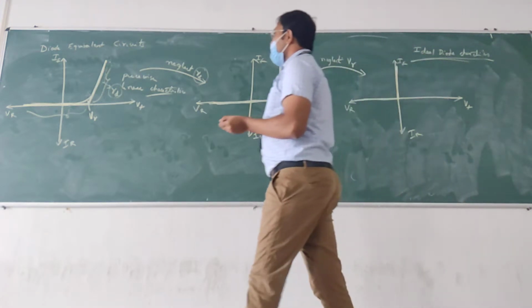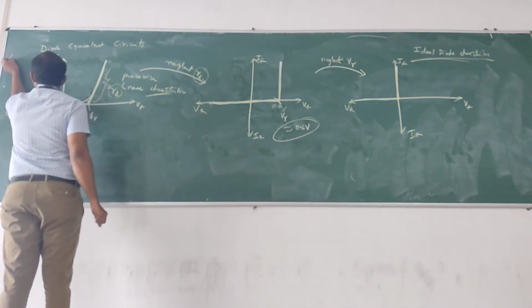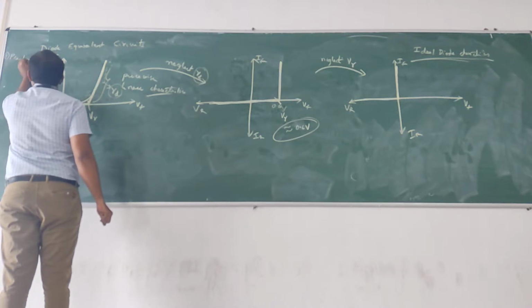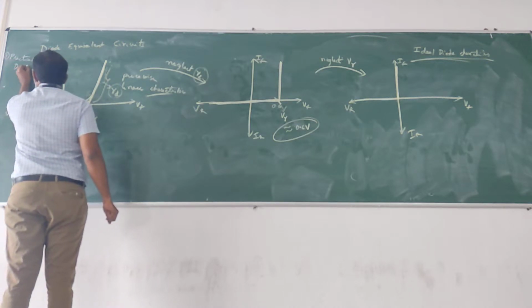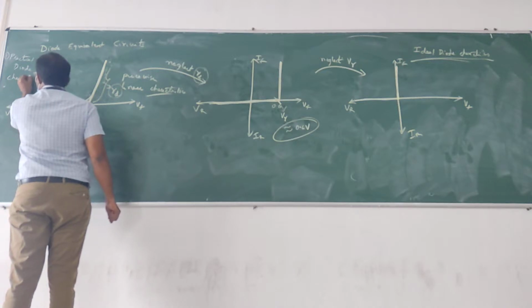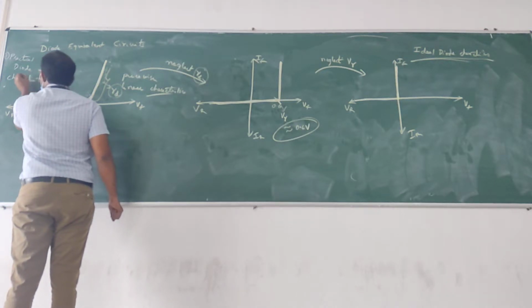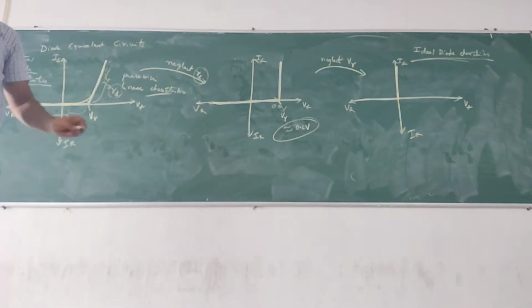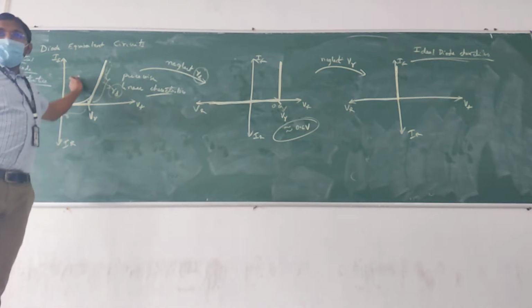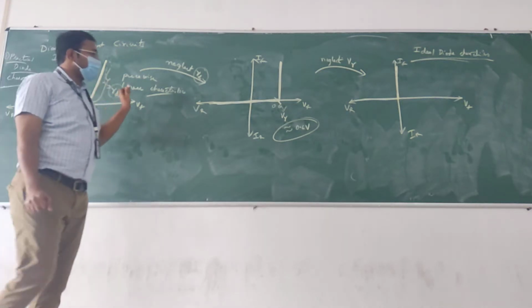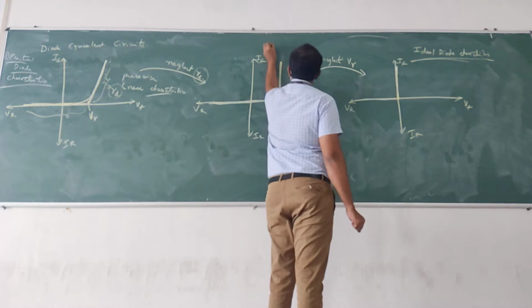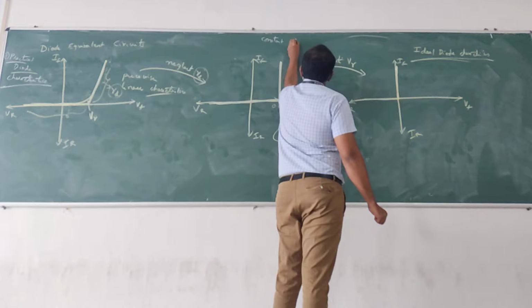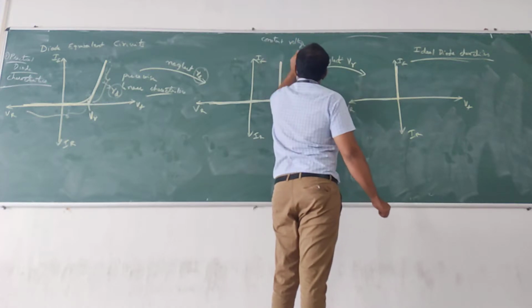These characteristics, the first characteristics, are called practical diode characteristics. These other characteristics are called constant voltage characteristics.